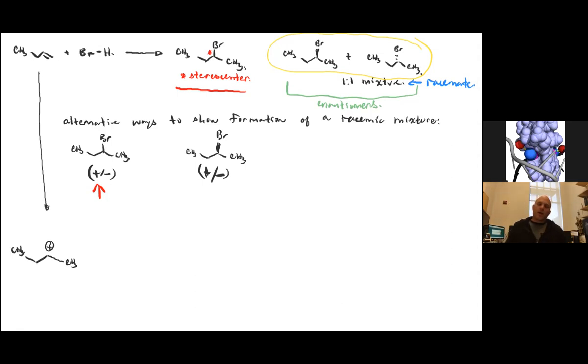I'm not explicitly drawing the proton that we introduced to the alkene because we're trying to focus on other aspects of the molecule. So I just include that in that terminal CH3 group. And this carbocation, of course, is planar.